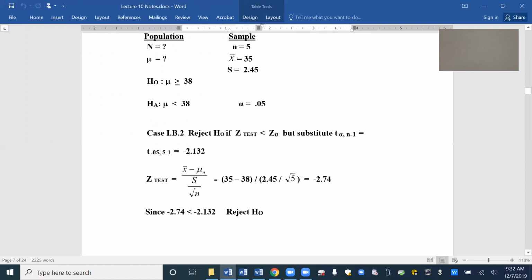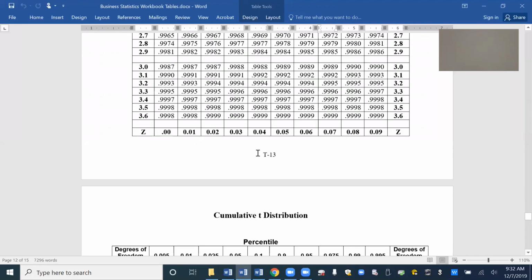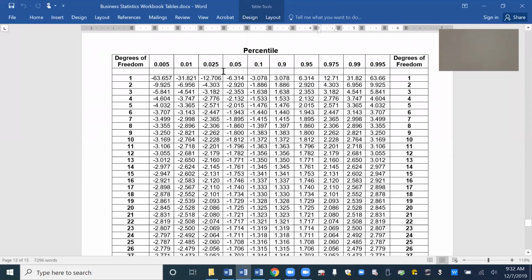That's going to change here because the T curve is not as precise as the normal curve, so we have more uncertainty. So we head to our T table, looking up in the 0.05 percentile, down to row 4, and we see it's minus 2.132 steps or standard deviations.